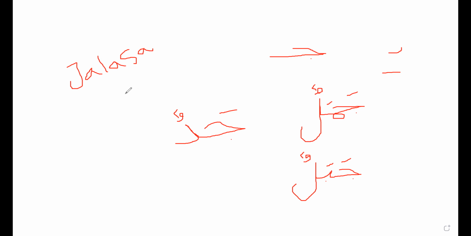Remember, the beginner tends to separate each letter, like this: Ja, la, se. If you write it like this, you are not writing. So we expect you to connect it, and that is when it will look like a real word. That is exactly what you are learning here.